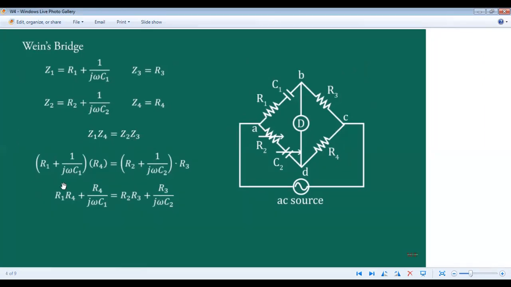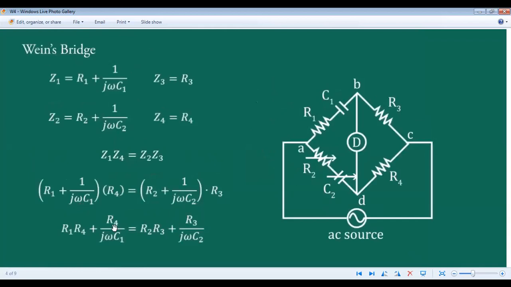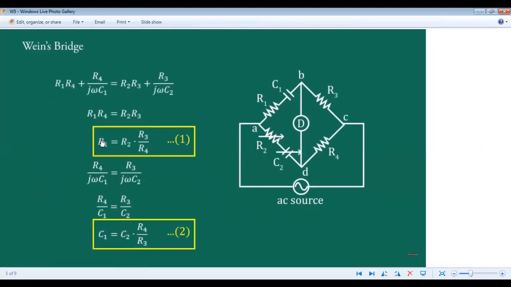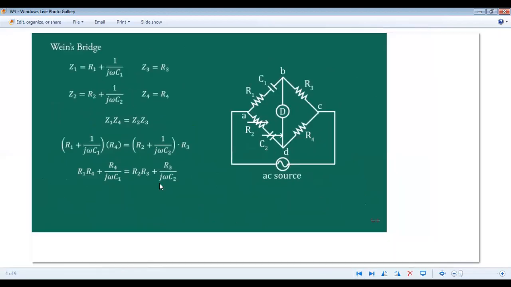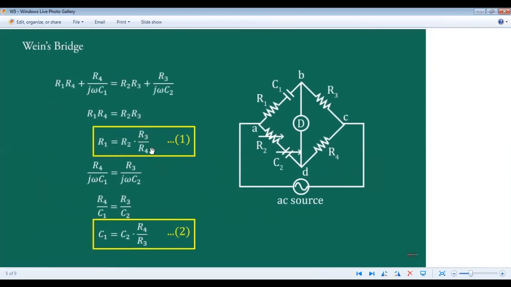After simplifying, we can conclude two equations. R1 equals R2 times R3 by R4. That is the real part.